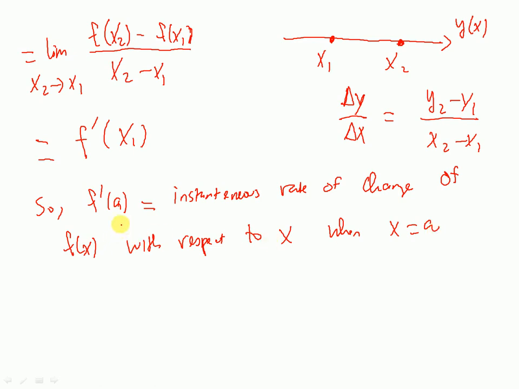So when I write f prime of a, that means I'm talking about the instantaneous rate of change, or the derivative of f(x) with respect to x when the value of x is at point a.